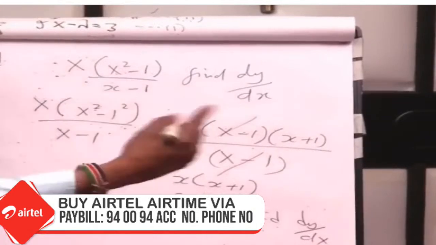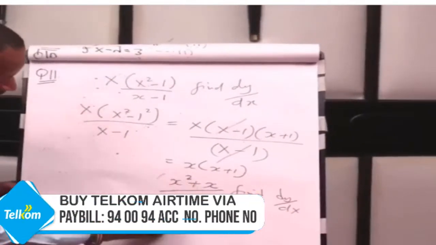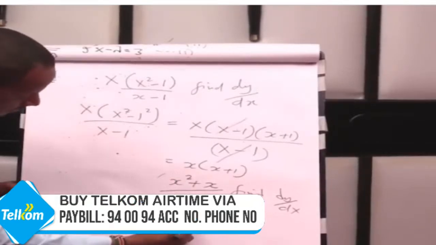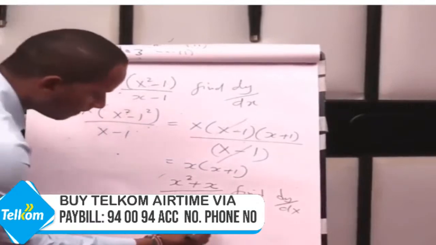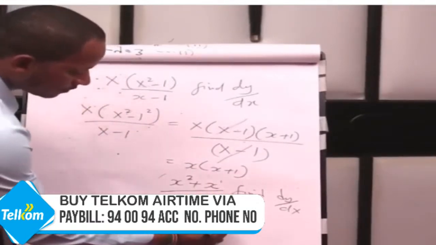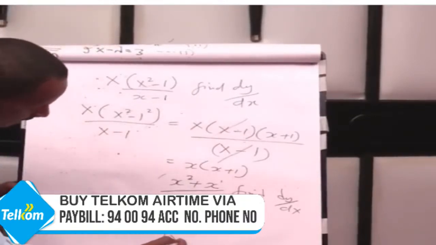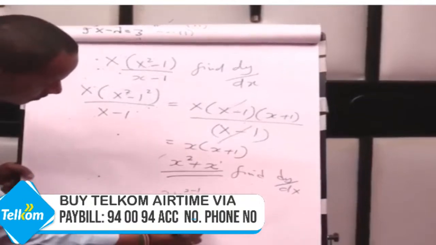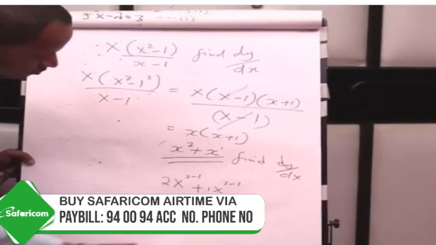You are told to differentiate. When you differentiate x squared, you bring 2 down, 2 into x, then 2 minus 1, subtract the power by 1. Plus, here is x raised to power 1. You bring 1 down, x into 1 minus 1. So 2x raised to power 1 plus 1 times x raised to power 0.